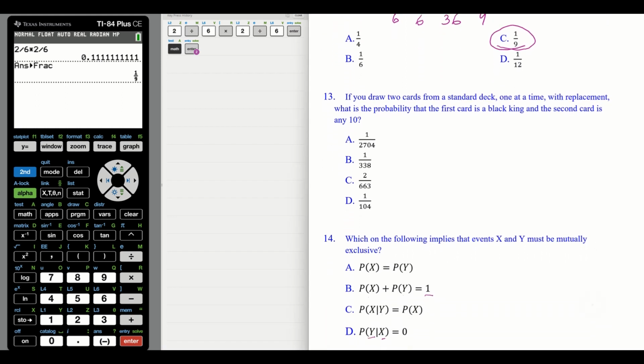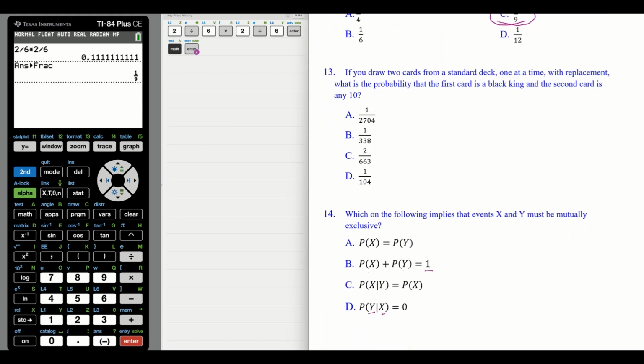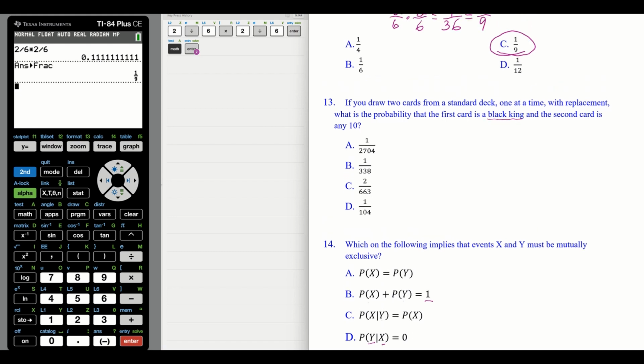Number 13. If you draw 2 cards from a standard deck, one at a time with replacement, what is the probability that the first card is a black king and the second card is any 10? Okay, out of any deck, you will have 1 black spade king and 1 black club king.